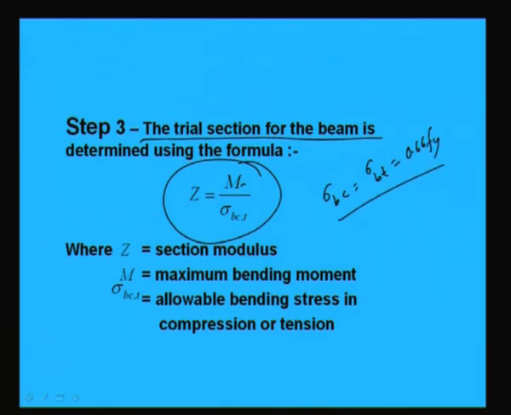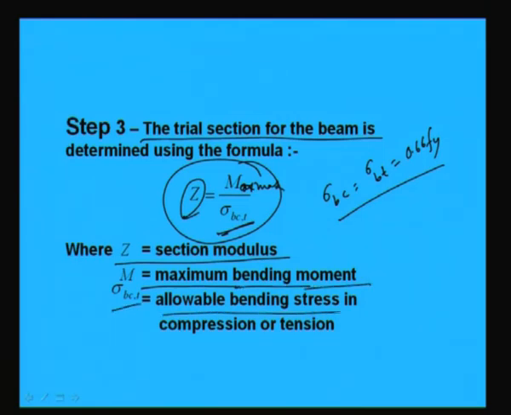So, we can find out the maximum bending moment and sigma BC or sigma BT, then we can find out what section modulus is required. Z is the section modulus, M is the maximum bending moment, and sigma BC is the allowable bending stress in compression or in tension. So, in this way we can find out.